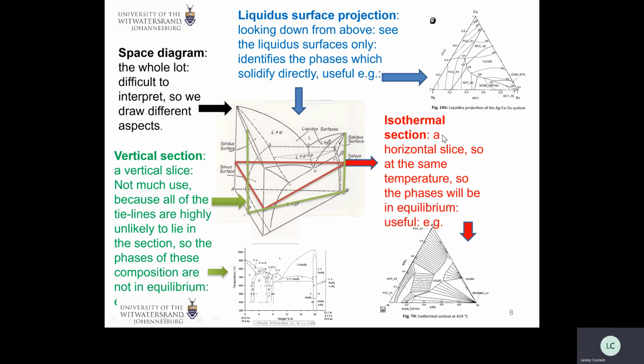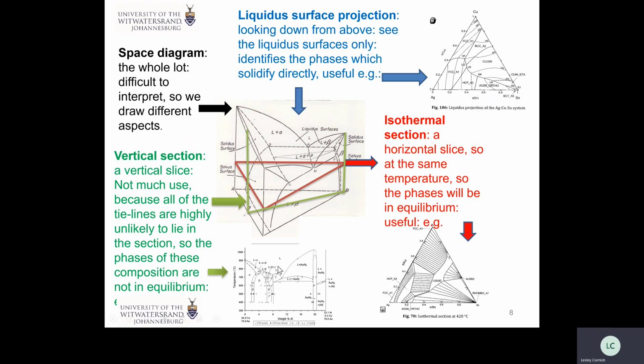And then isothermal section, I've done in another talk. Vertical section, I'm not going to do because I don't like them. And basically that's what its name is. It's got other names as well, like isopleth. It's a vertical section through the space diagram. And there's an example there. Now, mathematically, it's correct.